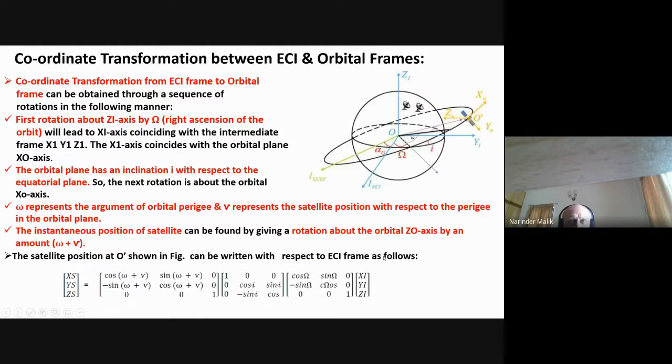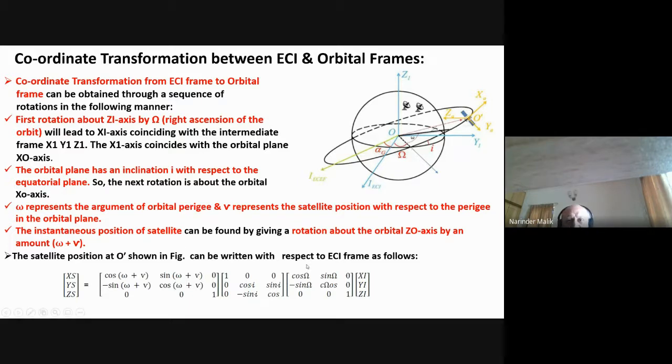I'll now give you an example: coordinate transformation between the ECI and orbital frames. Earlier we said the orbital plane intersects the ECI, or equatorial, frame at an angle capital omega.